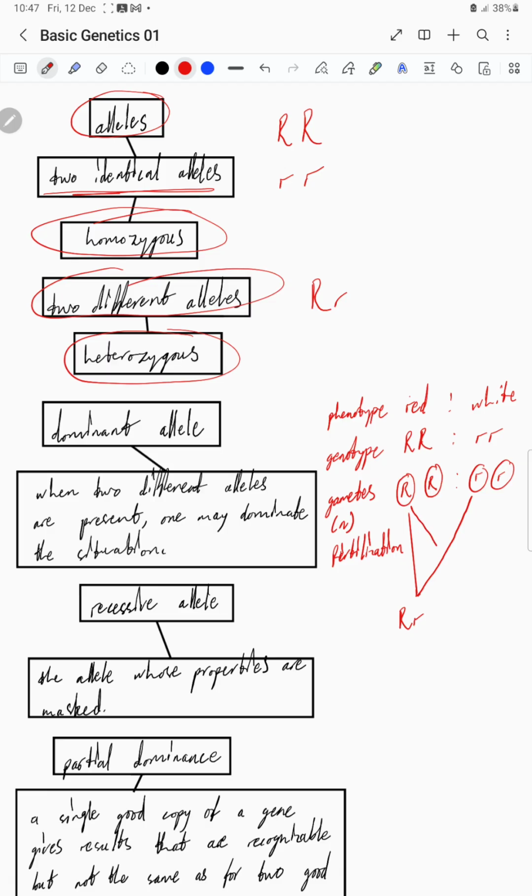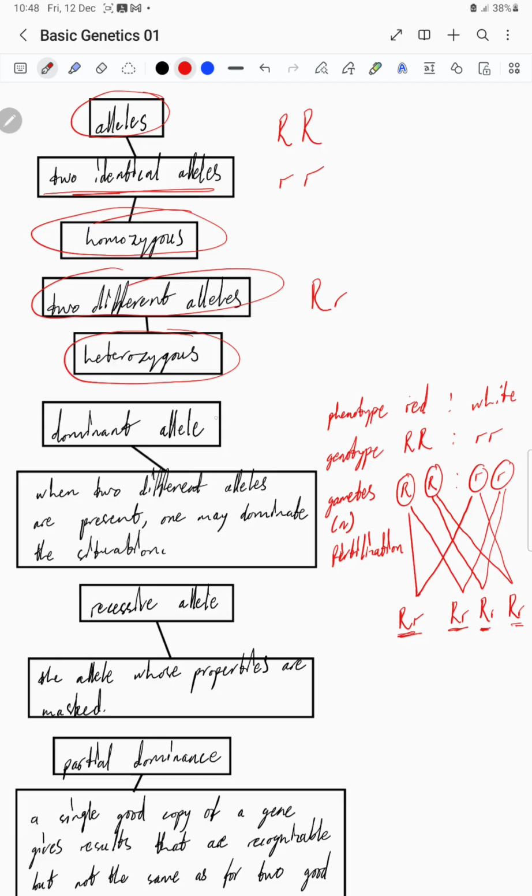And then we also have this combination, which is the same, and we will also have this combination. So these all are the same result. So we are going to have this kind of genotype.